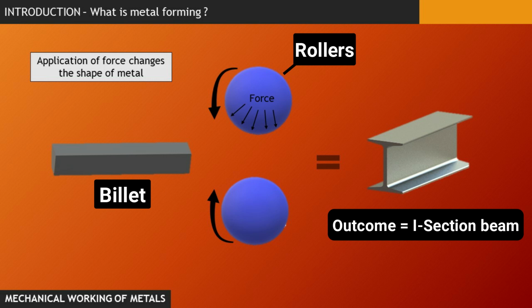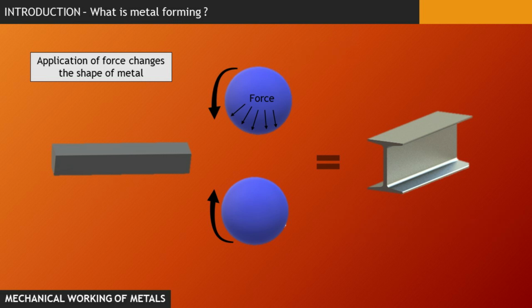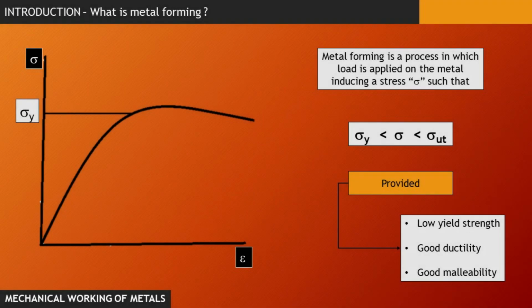Here we are giving an example of an I-section beam, which is a structural entity, as the outcome. Now to change the shape of the raw material, the rollers apply a certain amount of force. This load is such that it generates a stress sigma which is greater than the yield strength of the material but lesser than the ultimate tensile strength.